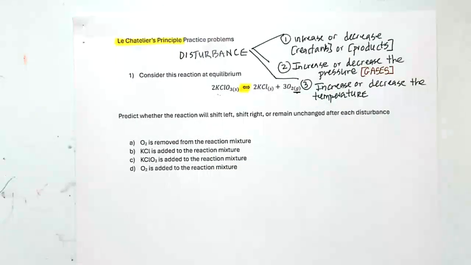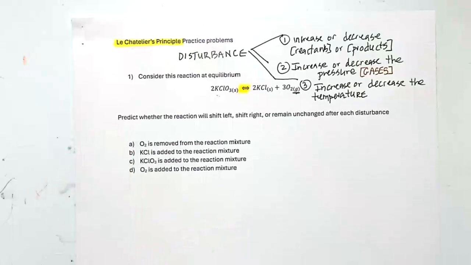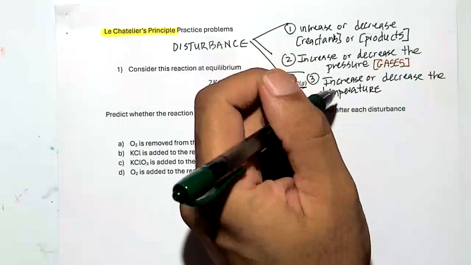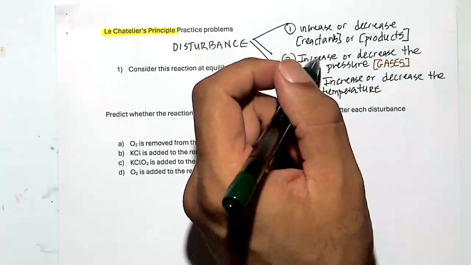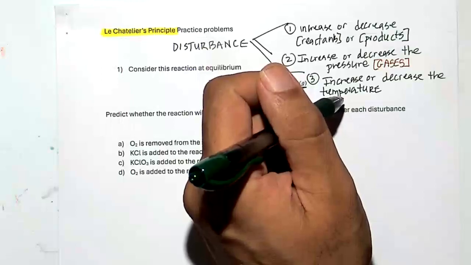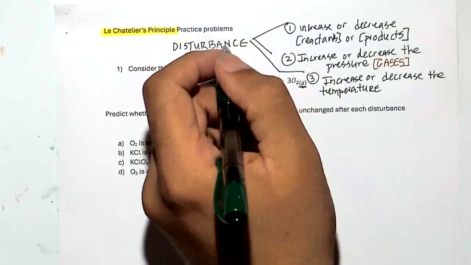So these are the three disturbances that can happen when a reaction is at equilibrium. You can increase or decrease the reactants or products, you can increase or decrease the pressure, or you can increase or decrease the temperature. Okay? So these are disturbances.